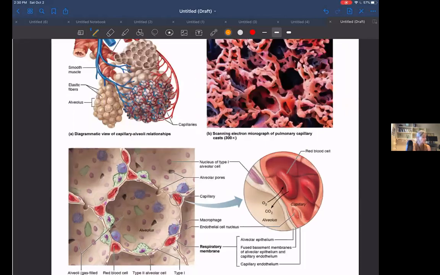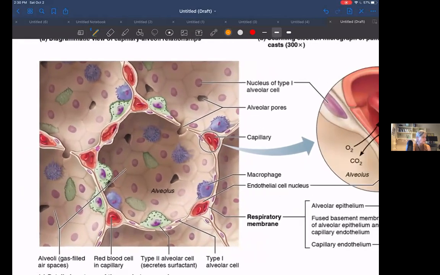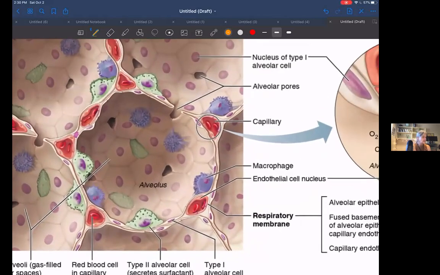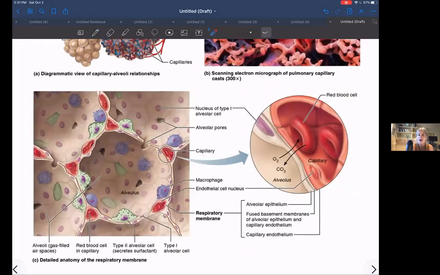If we were to look at this membrane, you'll see a couple of interesting things. One, these are the thin, flat cells, the simple squamous epithelial tissue. These are called type 1 alveolar cells. Then we have macrophages. These are phagocytes.